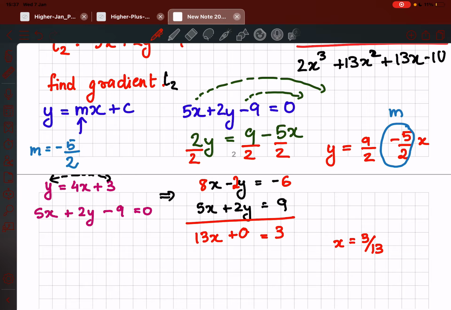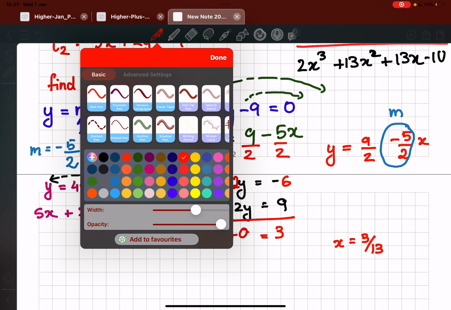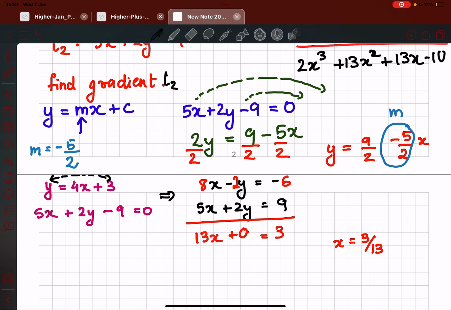So if x is equal to 3 over 13, I'm just hoping I haven't made any mistakes. Minus 3, minus 6, not y, I've got 2y. Yeah, looks okay. So I've got the x coordinate. Now what I'm going to do is plug that in here so that I can get to my y coordinate.